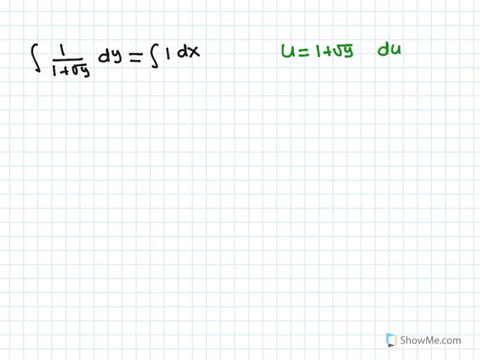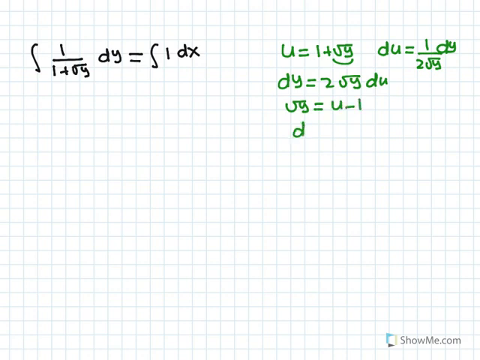Differentiate both sides. We get du is equal to 1 over 2 root y dy. Now let's solve for dy. So dy is equal to 2 root y du, but root y is equal to u minus 1. So let's rewrite dy in terms of u.